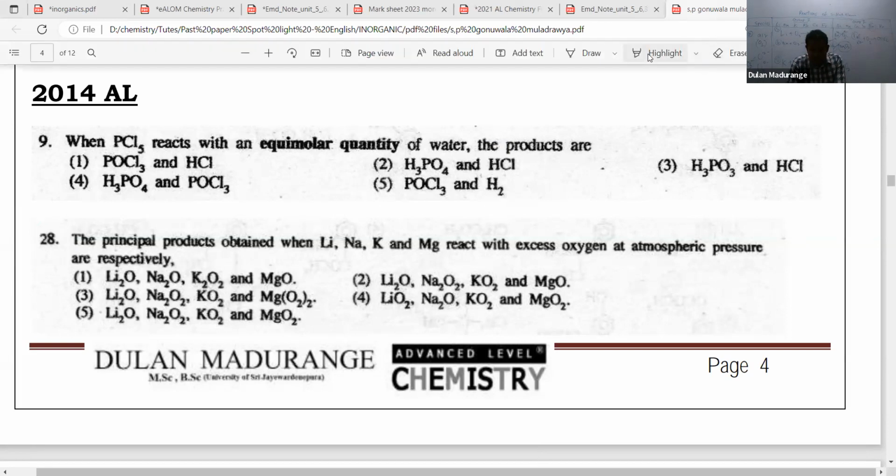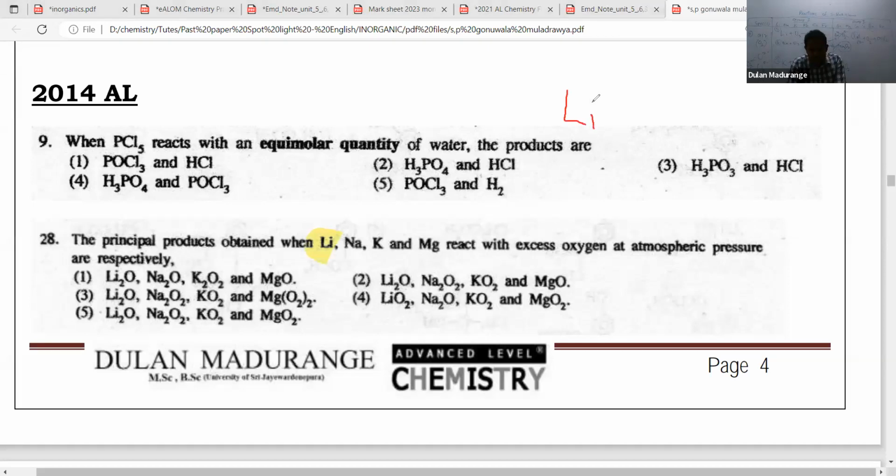So keep in mind, from lithium you get lithium oxide, right? So I can explain lithium oxide. How to write lithium oxide? Li plus, then oxide formula O2 minus. So now lithium oxide. But from sodium, you know the major product is sodium peroxide. So sodium is Na plus.